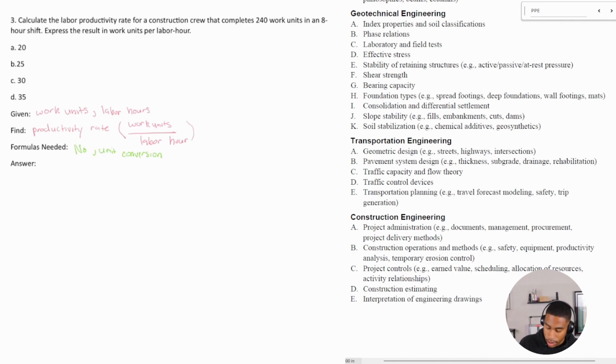Just plugging and chugging from this point. All right, so we've got 240 as our work units, and our labor hours is 8.